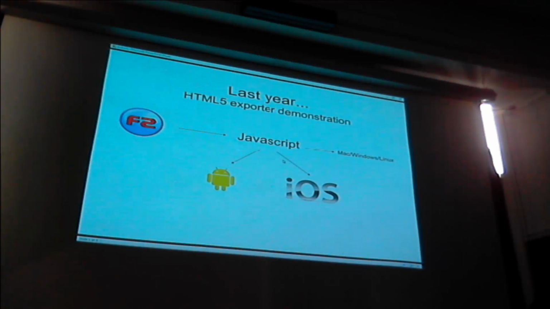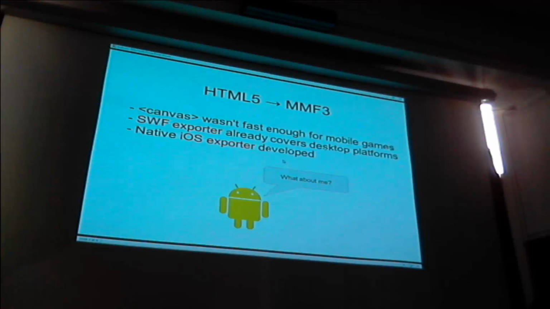But the HTML5 runtime didn't make it, because the canvas is very slow and at the time it was quite immature. We already have the SWF exporter, which covers Mac, Windows, and Linux, and we have a native exporter for iOS, so we decided not to continue HTML5. Obviously that means we don't currently have a way to export to Android.